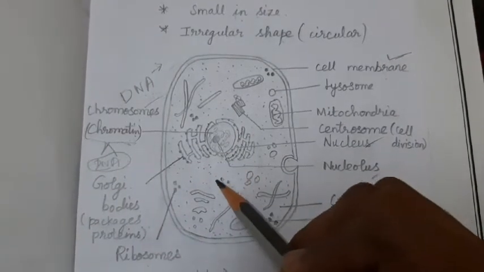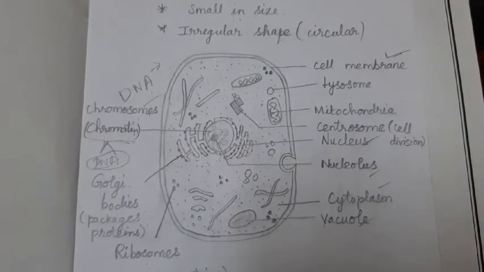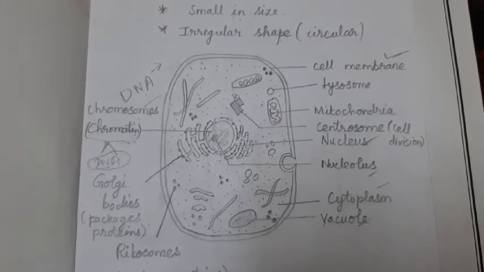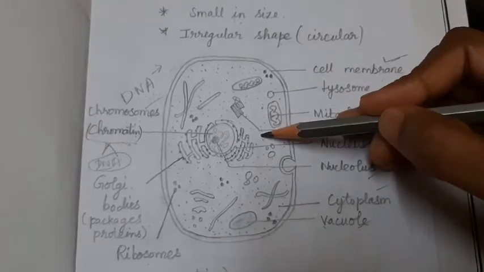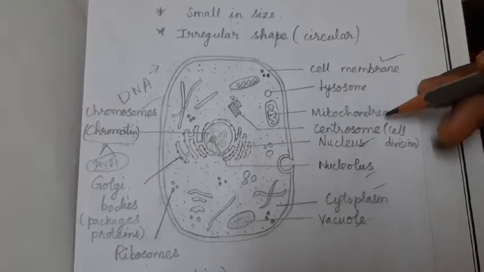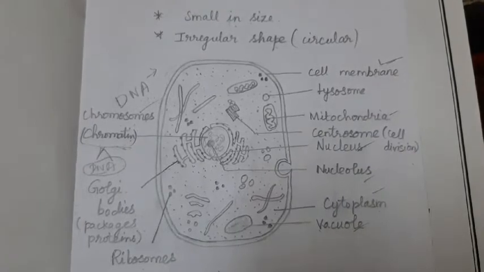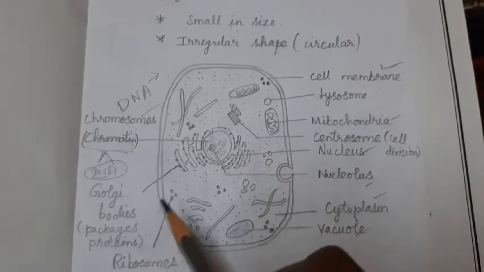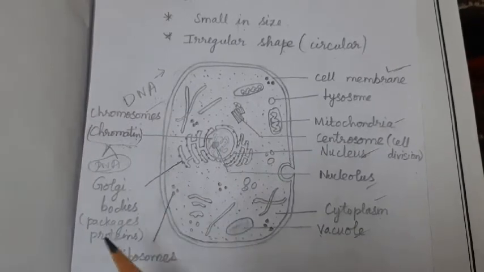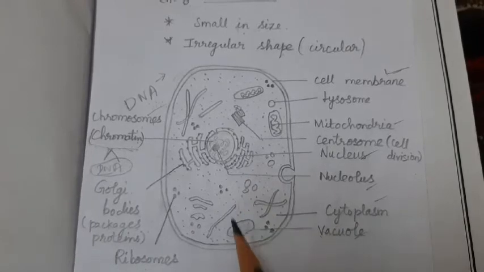So, the cells will obtain the nutrients and essential proteins, minerals, vitamins, everything from the food we eat, and they will produce the energy. The mitochondria is the powerhouse, so it synthesizes the energy for us to do the work, right, from the food we eat. So the proteins which are obtained from the food will be packed by the Golgi bodies.